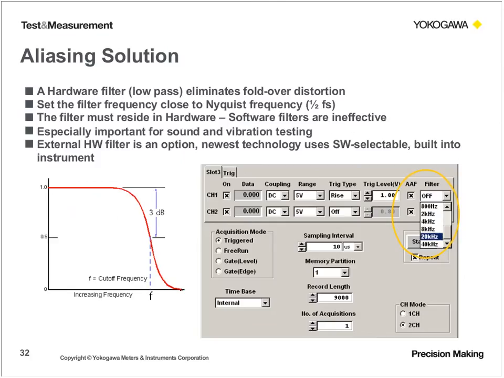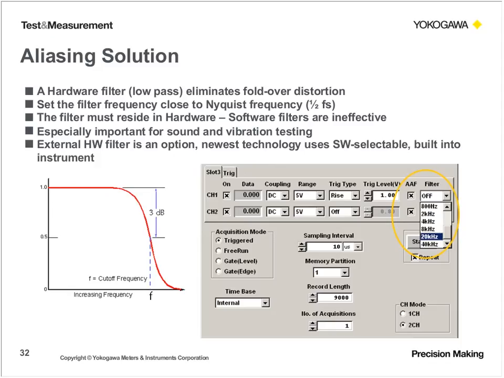So really the only way to deal with this type of problem is to implement a hardware filter, a low-pass filter that eliminates the fold-over distortion. And this is especially important if you're working with sound, acoustic, or vibration type measurements.